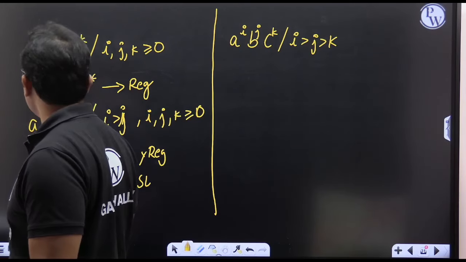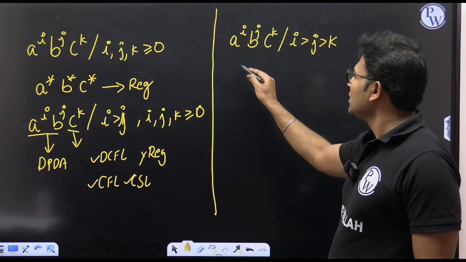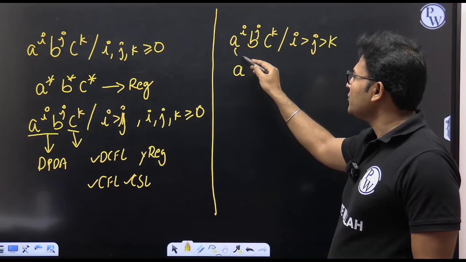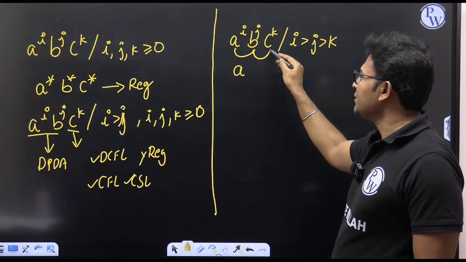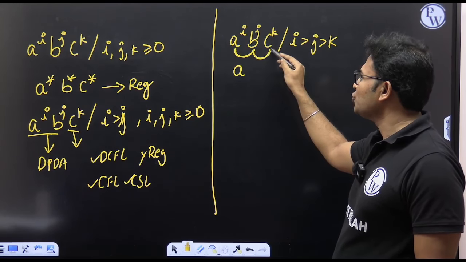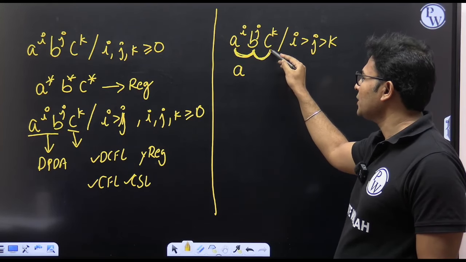Here we need three comparisons, right? A has to be compared with B and B has to be compared with C simultaneously, which means both these comparisons should happen at a time.